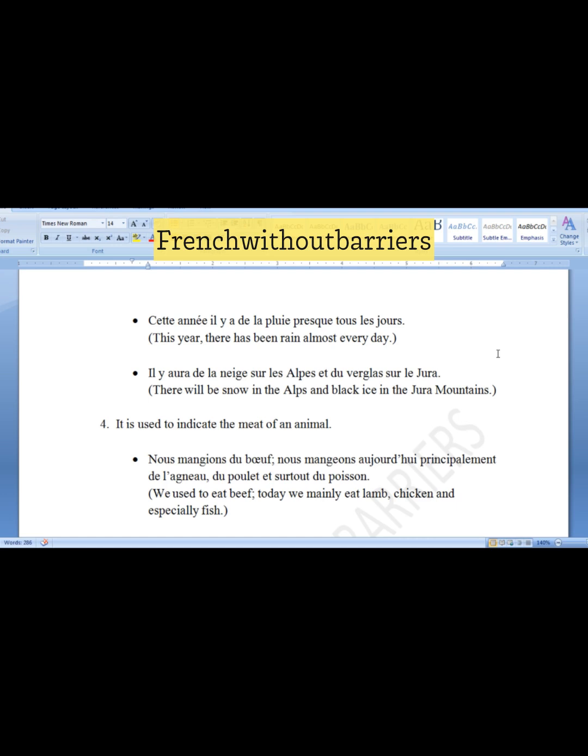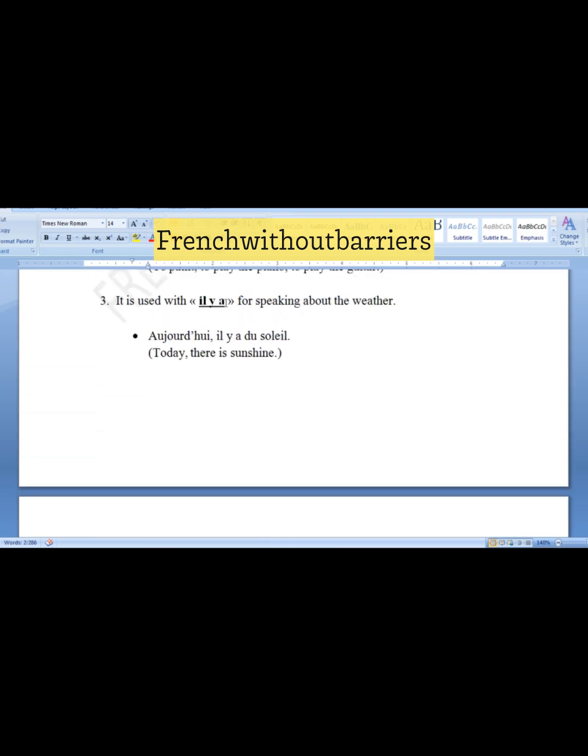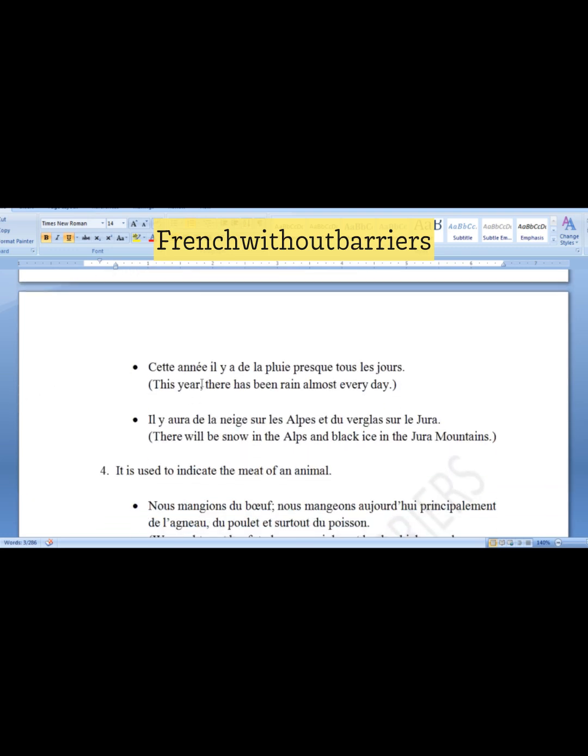Now, guys, if you see again, de la pluie. We are speaking about the weather here, and if you are speaking about the weather using the form il y a, you are going to use your partitive articles. Pluie, c'est un nom féminin, et c'est pourquoi nous avons de la ici. We have de la here.